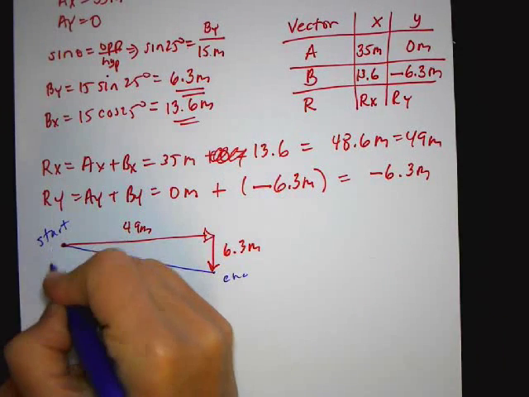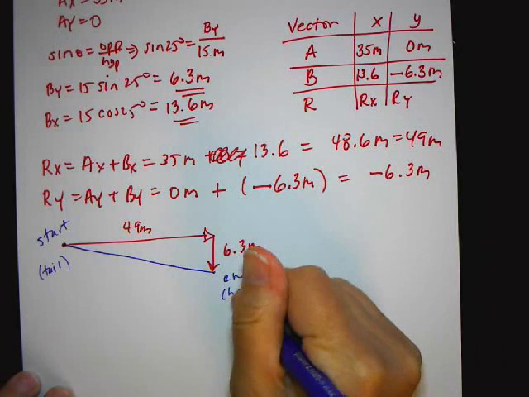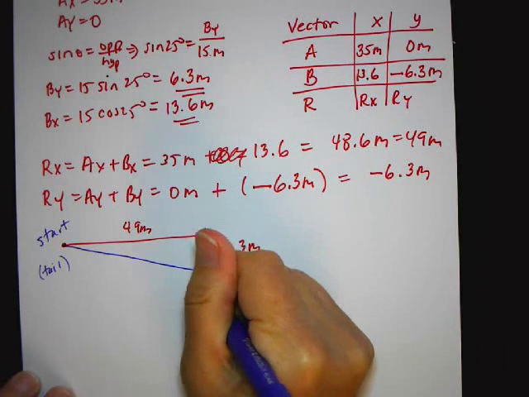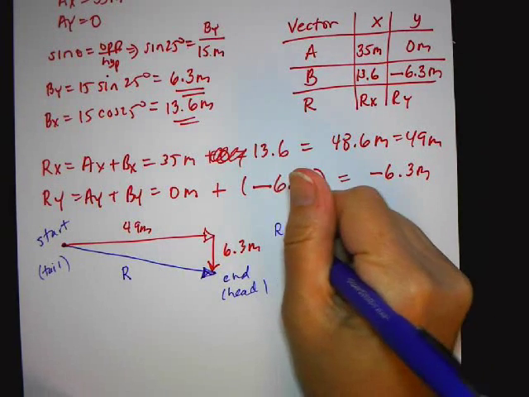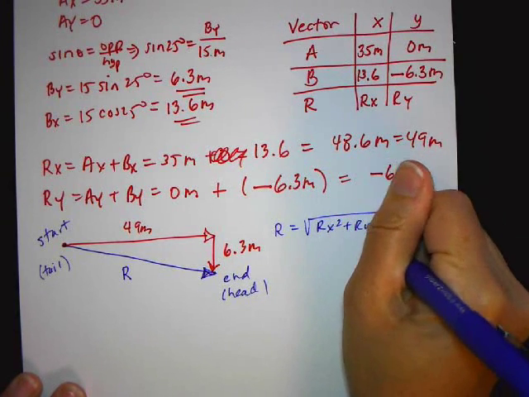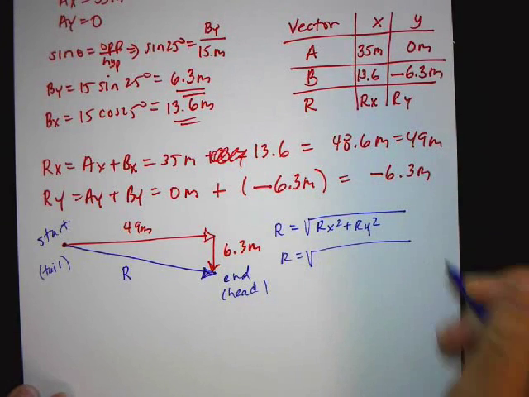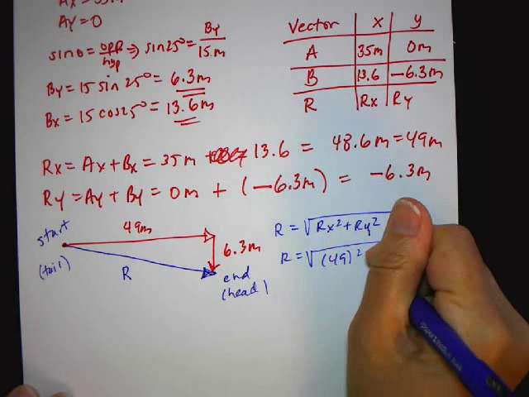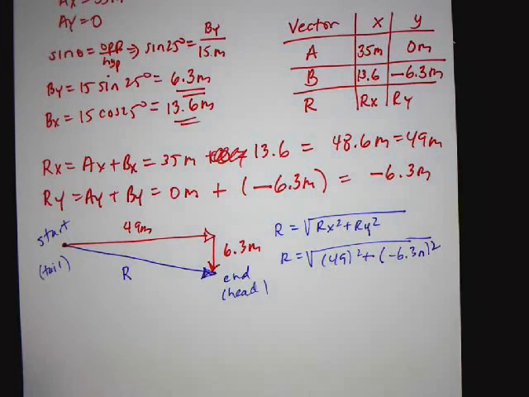So R is going to be the square root of Rx squared plus Ry squared. R is equal to the square root of 49 squared plus negative 6.3 squared. On my calculator, 49 squared plus 6.3 squared equals, square root. It comes out to be 49.4, so it's still 49.